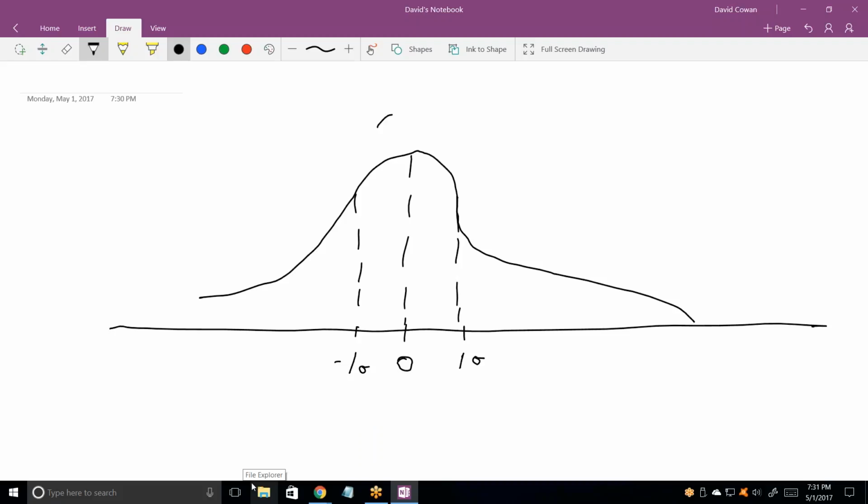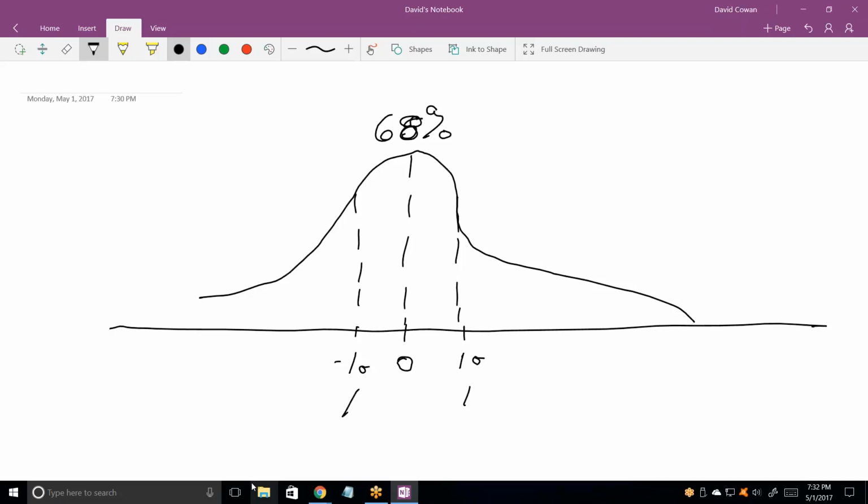It's not 65, it's 68. 68% of the data lies within 1 standard deviation of the mean. And you said a standard deviation was 1, correct? Yes, sir.